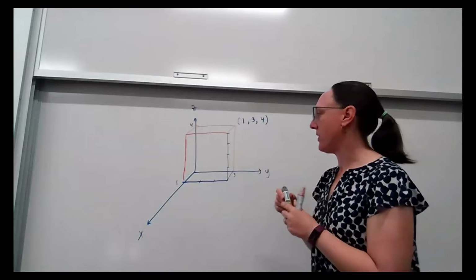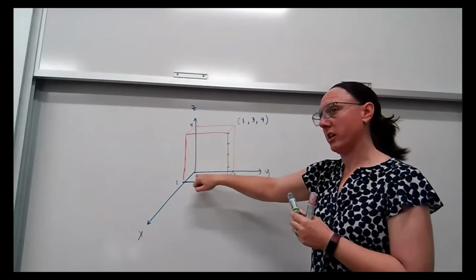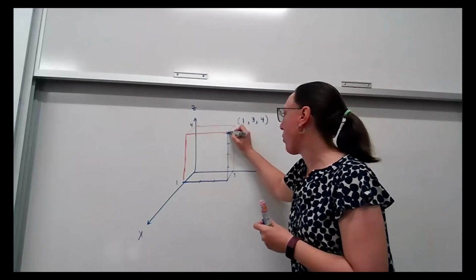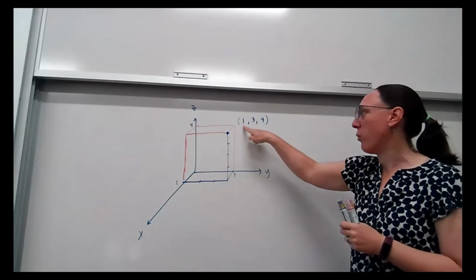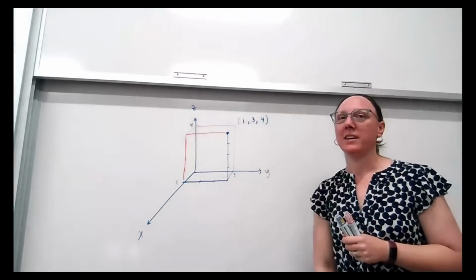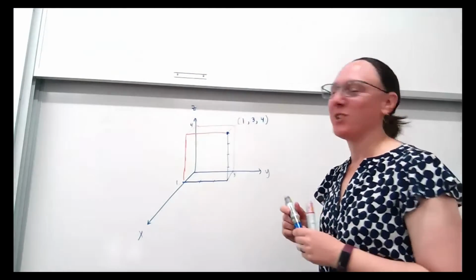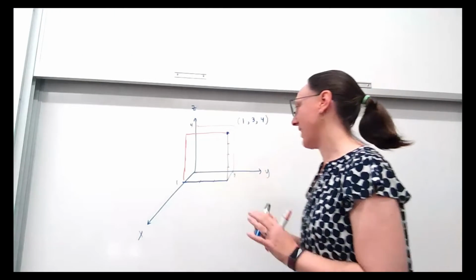And I want to figure out the distance from the origin to this corner of the box, because that corner corresponds to my point 1, 3, 4. So I'm trying to find the distance from there to there.